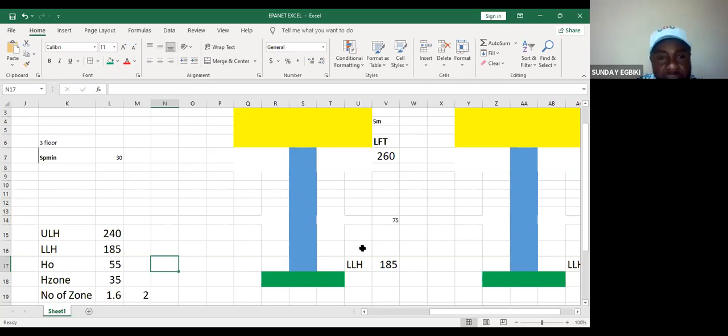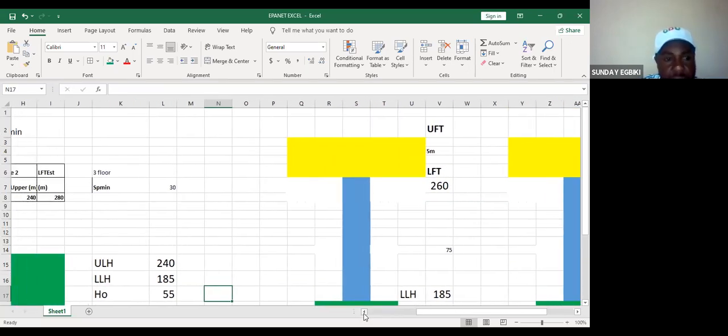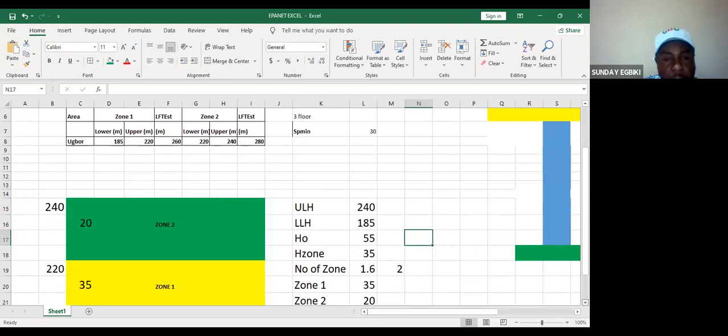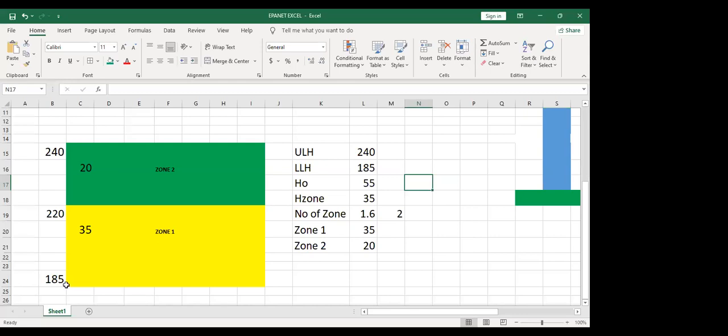In zone 1, if I come down again to the graph, what is the lowest limit of housing in zone 1? Who can tell me, to know if we are following? 185.